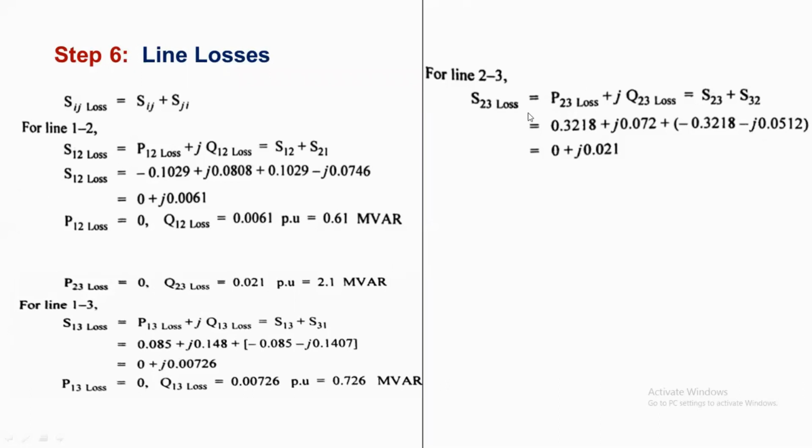Directly add this, then finally compare this answer. Here the real power loss P23 loss is 0, the reactive power loss is 0.021.